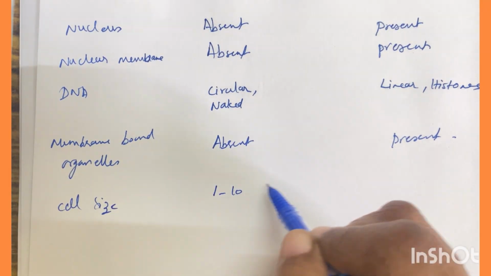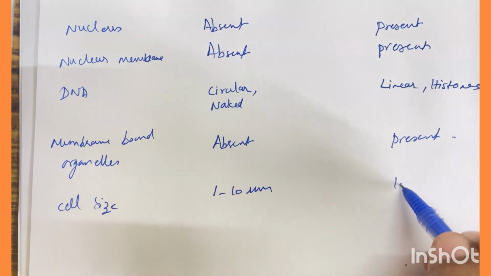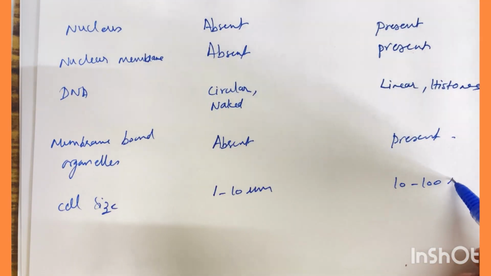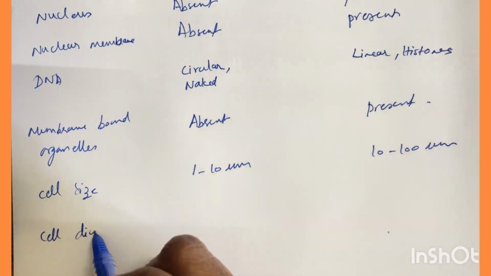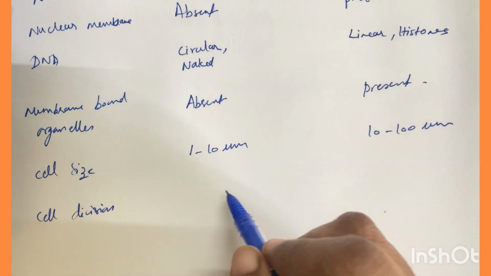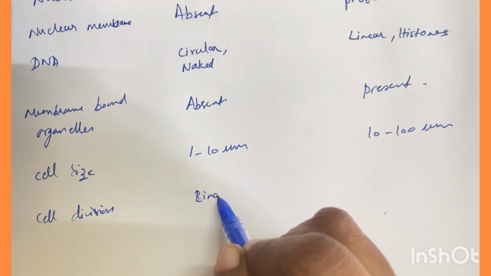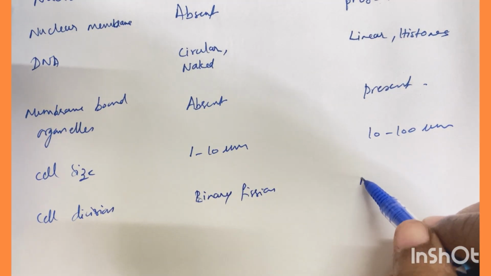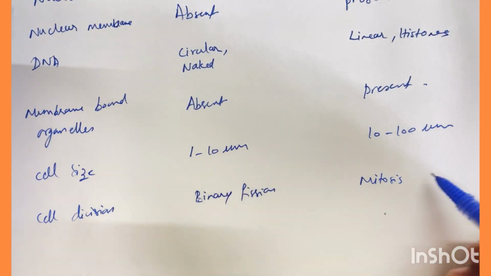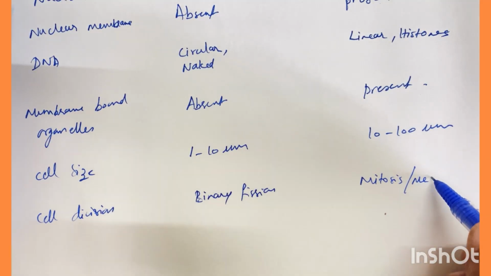This is 1 to 10 micrometers, this is 10 to 100 micrometers. Okay, how about cell division? This takes place by binary fission. Okay, and this takes place by mitosis and meiosis.